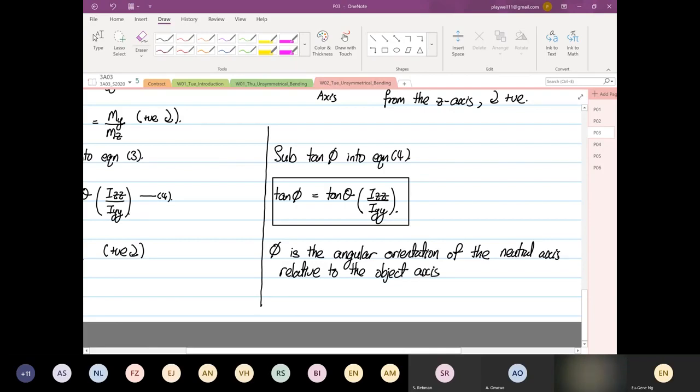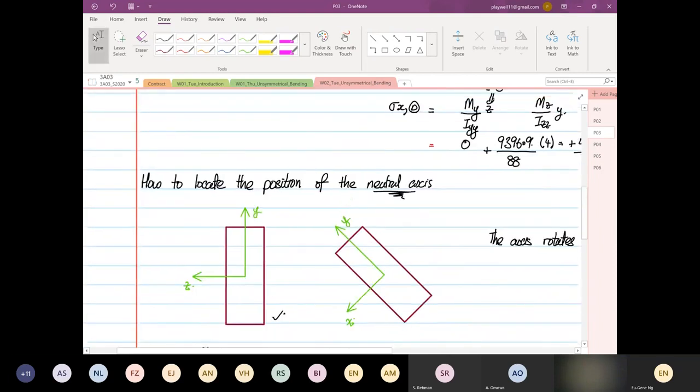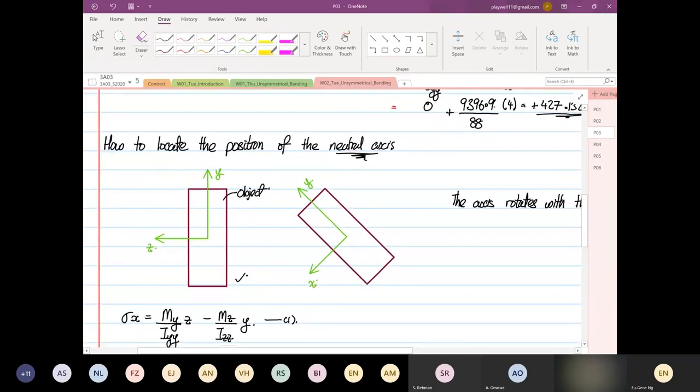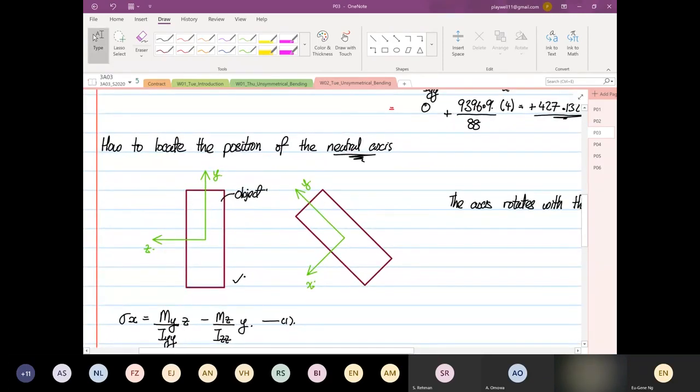So I'll call this our object. Did we call it object earlier? Yeah, object axis.